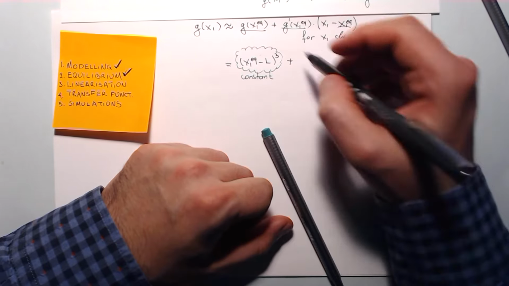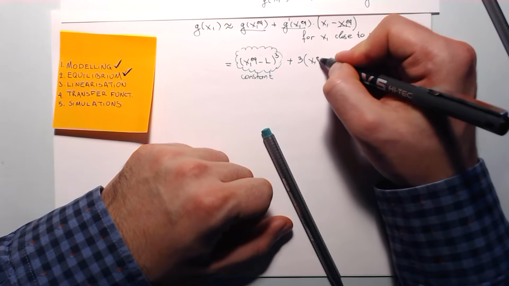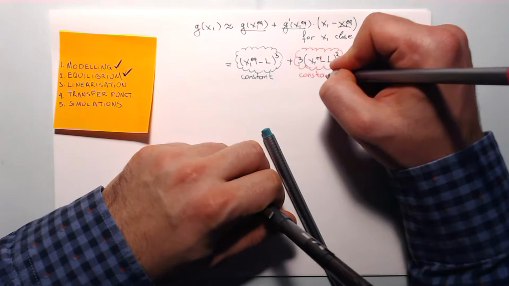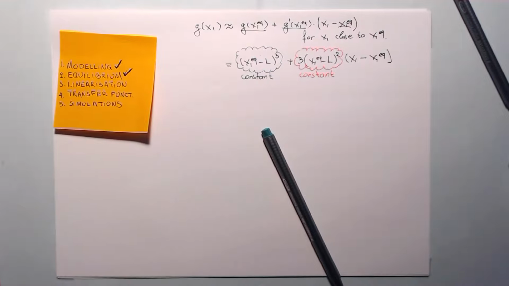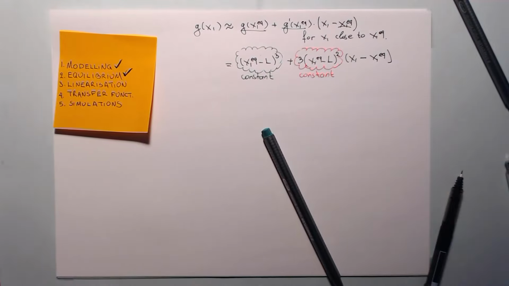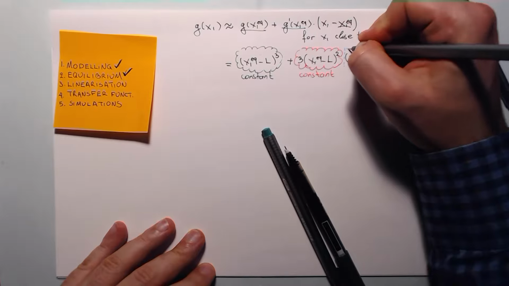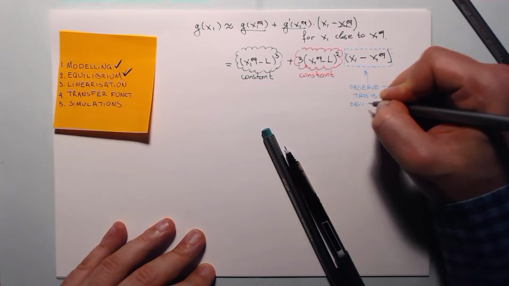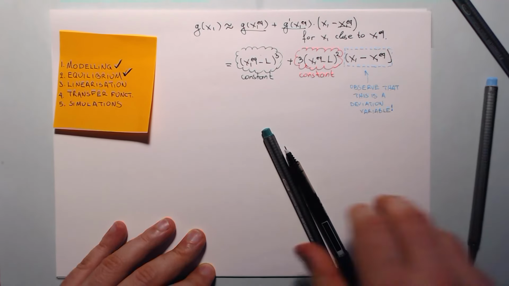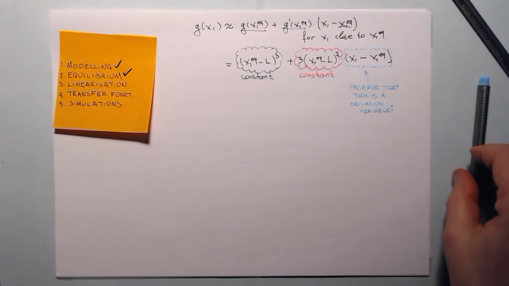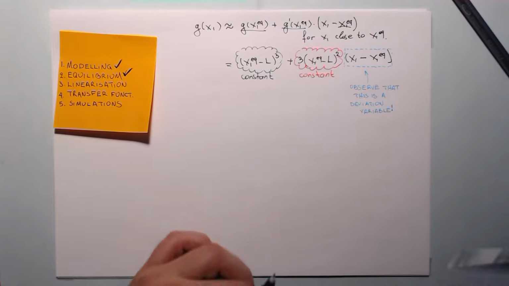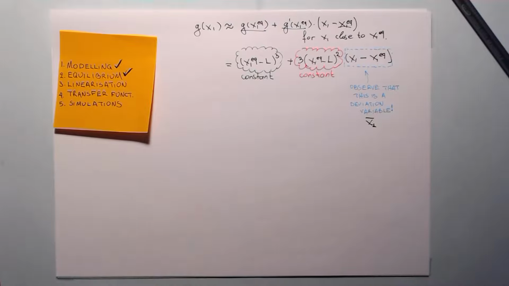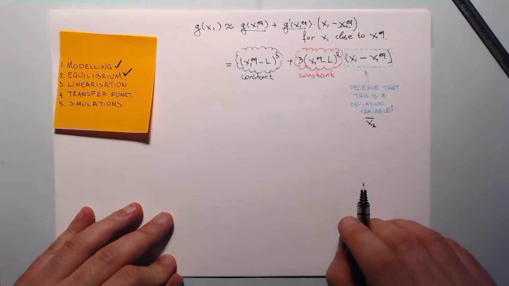The derivative is 3 times x1 EQ minus L squared, which is again a constant, times x1 minus x1 EQ. And if you're very observant, which I think you are, you will observe that this is exactly a deviation variable that we call x1 bar. If you're very observant, you will notice that immediately.